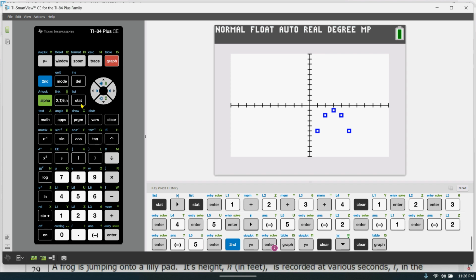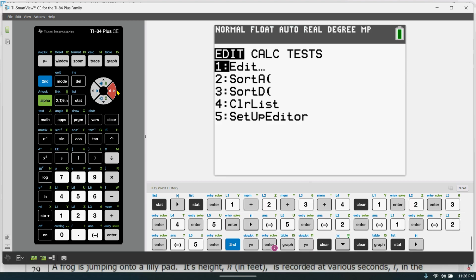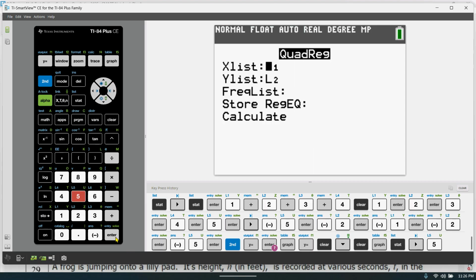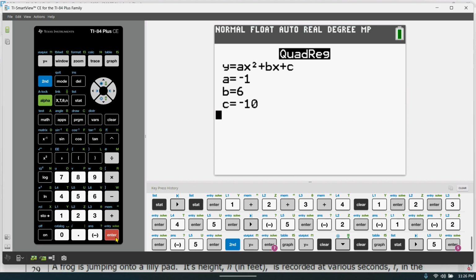And now we're going to calculate the equation to go through those points. So we hit stat, the arrow to the right, and we pick 5 quadratic, and we enter 5 times. All right, so these are our values of our coefficients for the x squared. That's our a, that's our b. B is 6, and c is 10.